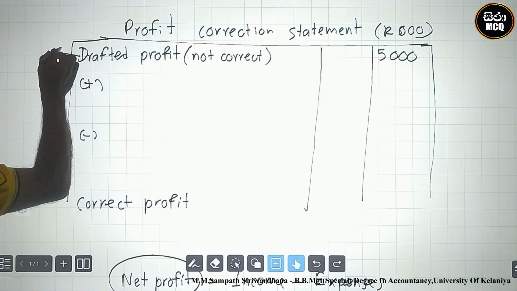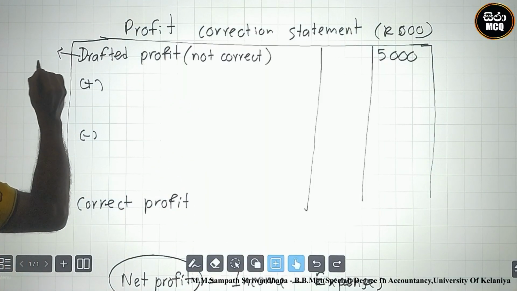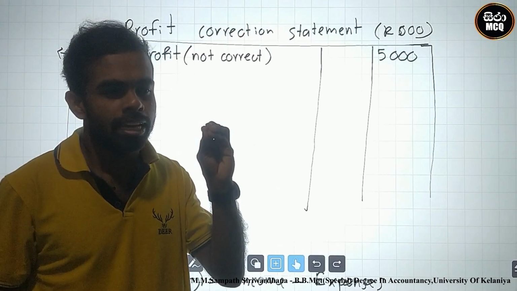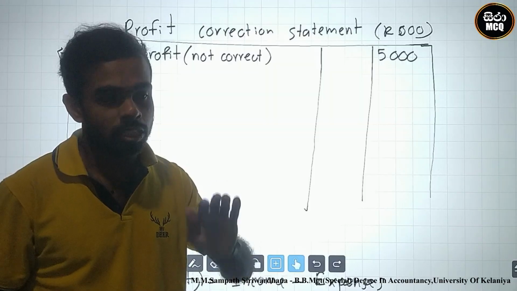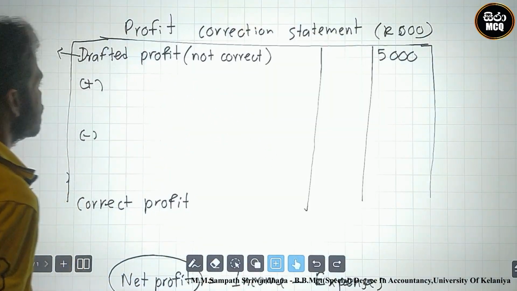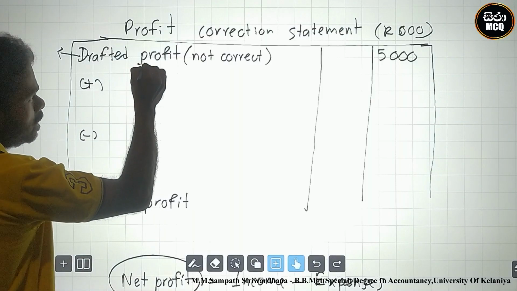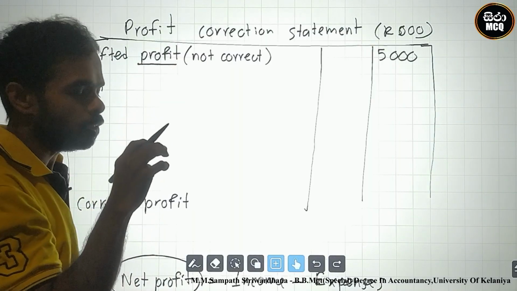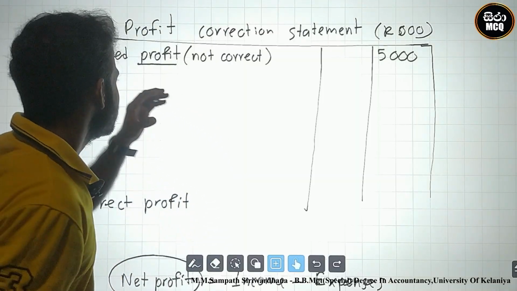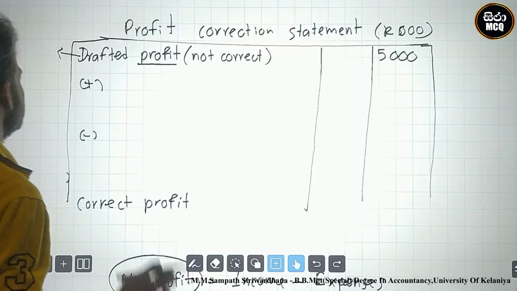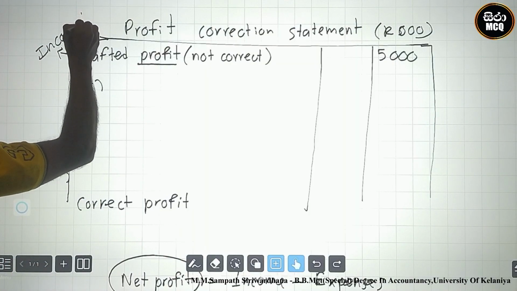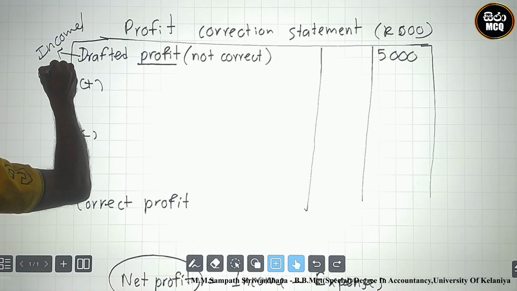This was generated through the income and expenses. At the error correction, after correcting errors, meaning profit correction, we use only income and expenses. Why? This profit is impacted only by incomes and only by expenses.